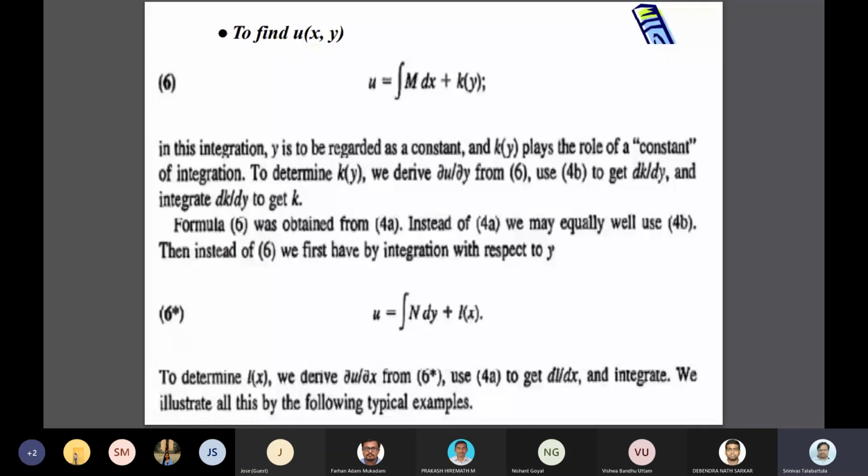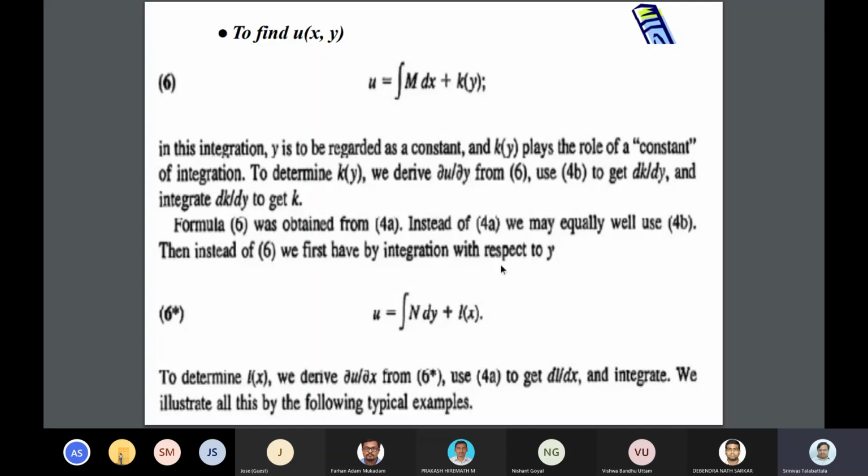So then if you want to find out the original function, you have to integrate m with respect to x and add a constant. Now, because this is only a function of x, you can add a constant. This constant is not really a constant, but a function of y. And then you substitute back and integrate with respect to y. So you will get that u, the function u.